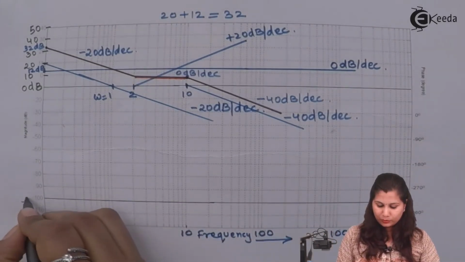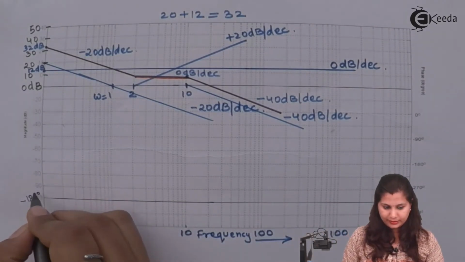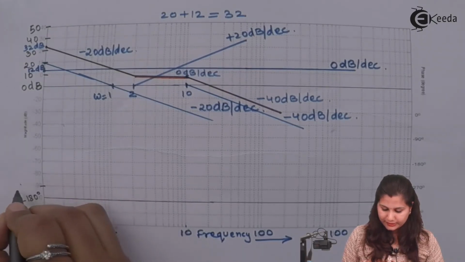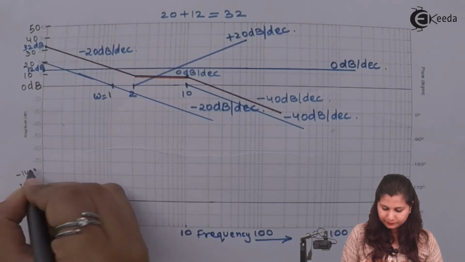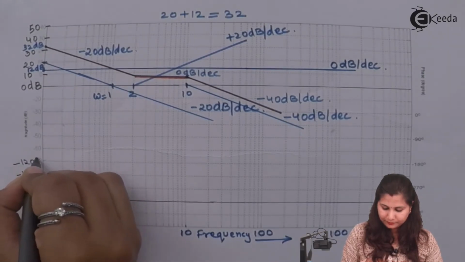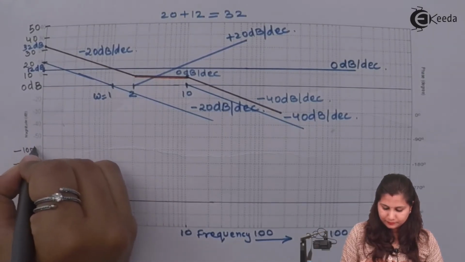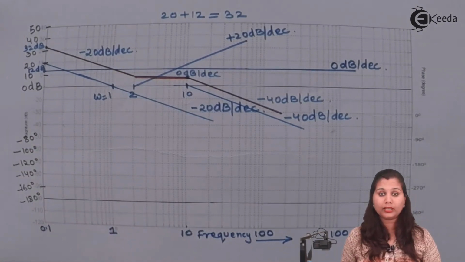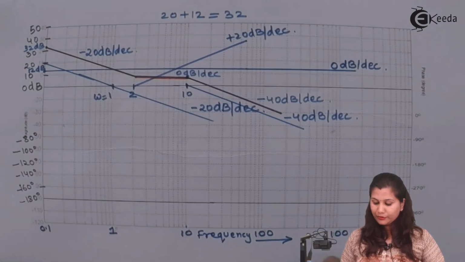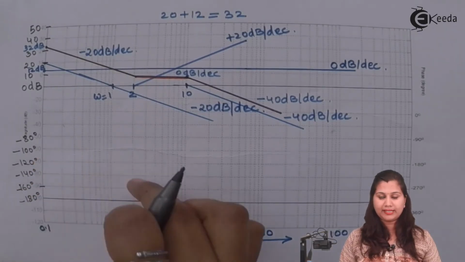This is minus 180 degrees. Then we will draw the scale. Now for different values of frequency, we will mark the phase angles.